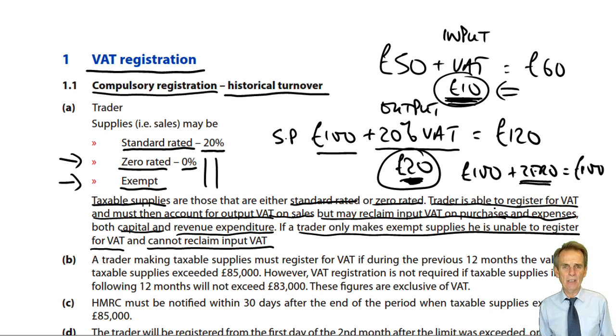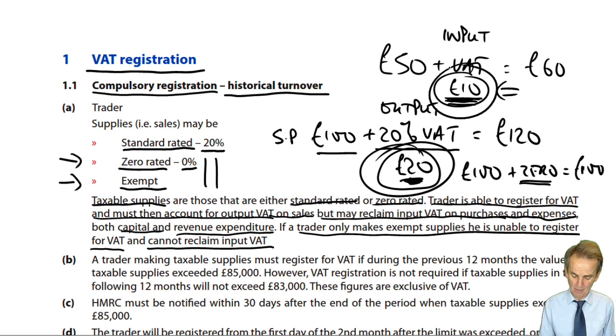We've got nil output tax. Therefore, if your input VAT exceeds the output VAT for a VAT return period, instead of us, the trader, paying HMRC, remember what it was? £20 minus £10, we paid them £10. If we've now got input VAT of 10 and output VAT of 0, then they owe us. They will pay us £10.